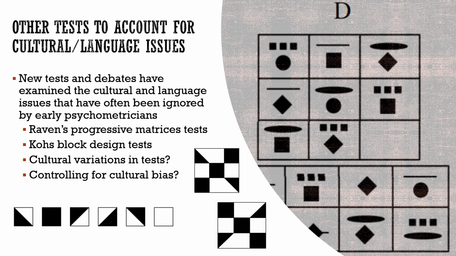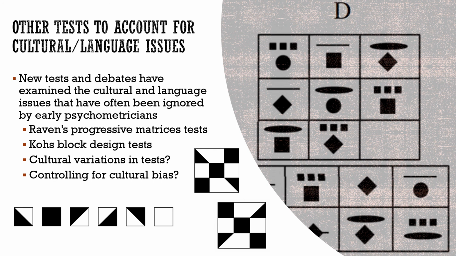Now, there are, to be fair, some researchers that have argued that even though this might not seem culturally biased, it is, because there are certain things that revolve around picking up on patterns and being able to identify those things, and essentially rules of how to think that are a component to this.